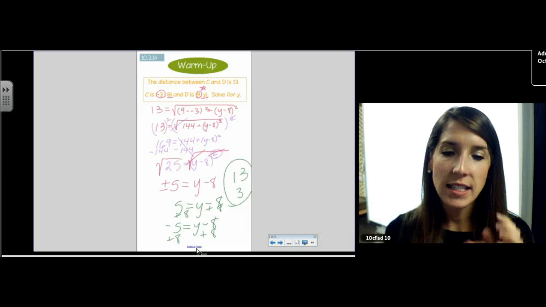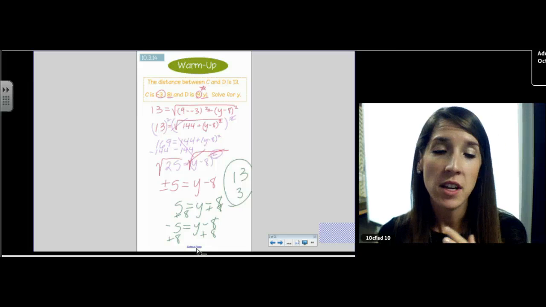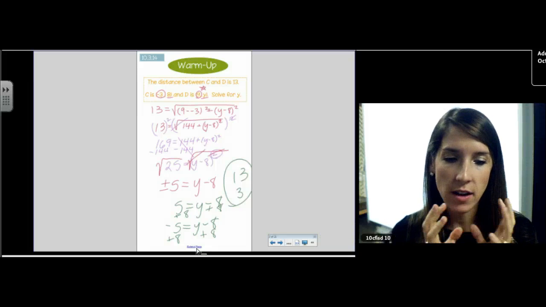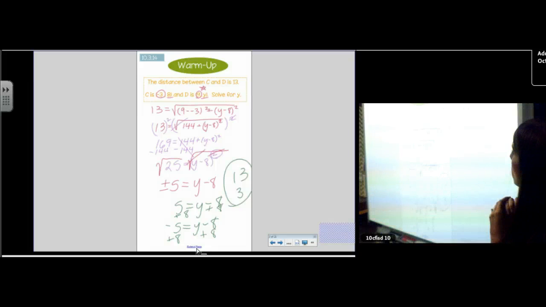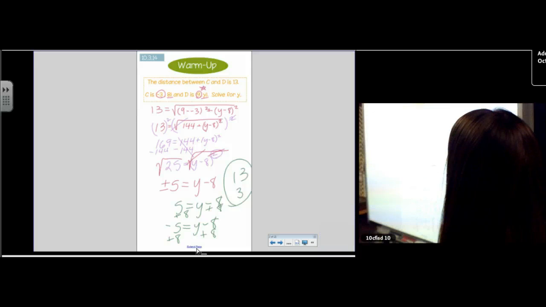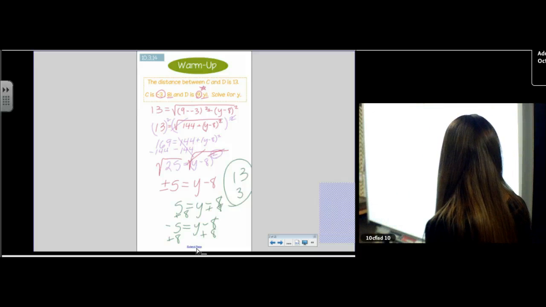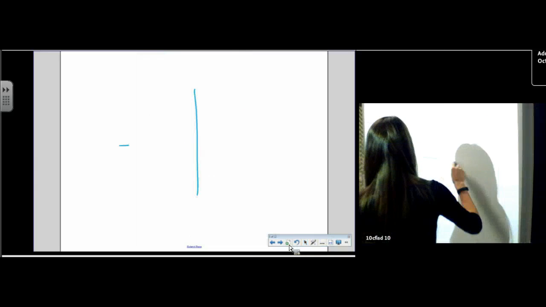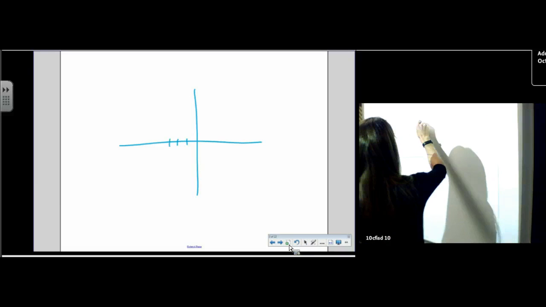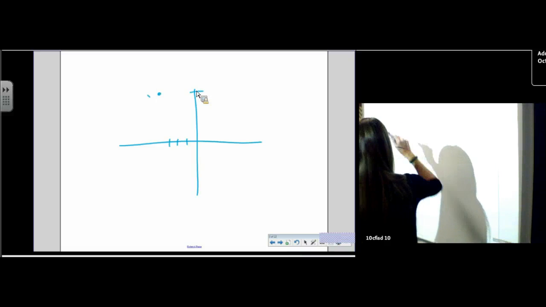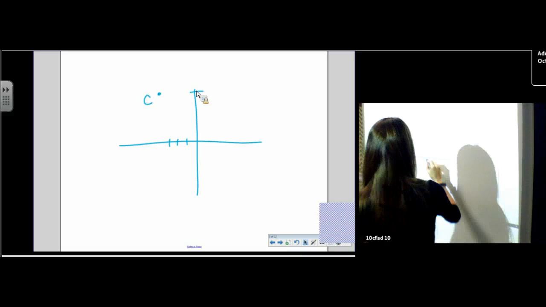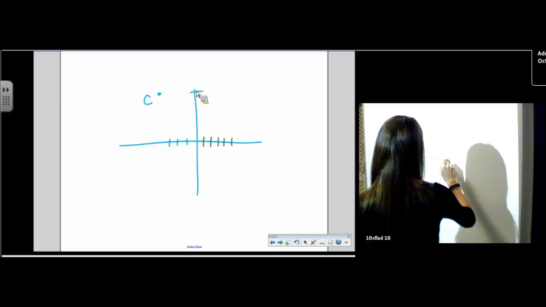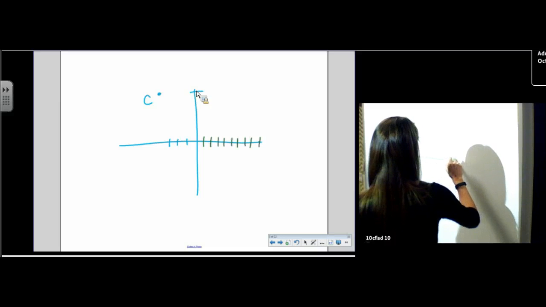It's kind of neat to see why there's two answers if you look at it in the scale of a graph. So C is (-3, 8), and D is (9, y).